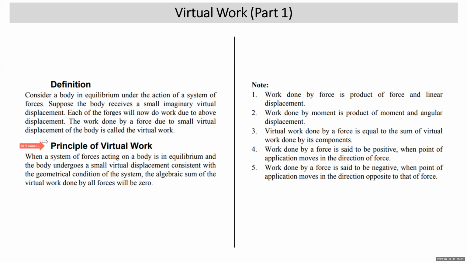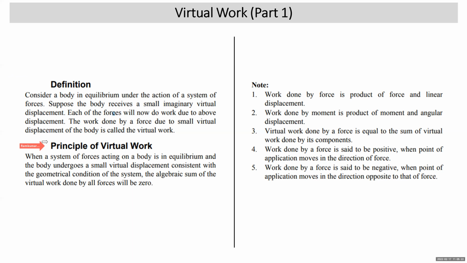Suppose you have an L-shaped piece, two parts welded together rigidly at 90 degrees. You have to give the virtual displacement in such a way that the two parts meeting at 90 degrees are not disturbed. Otherwise, the principle of virtual work is not going to apply.